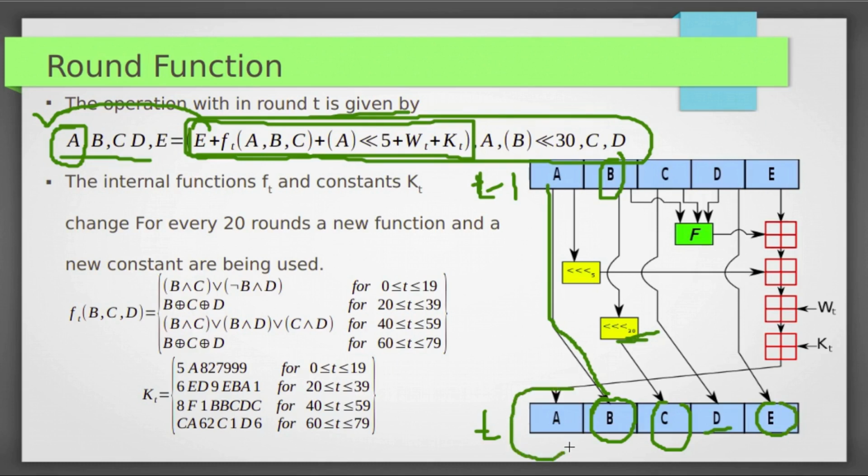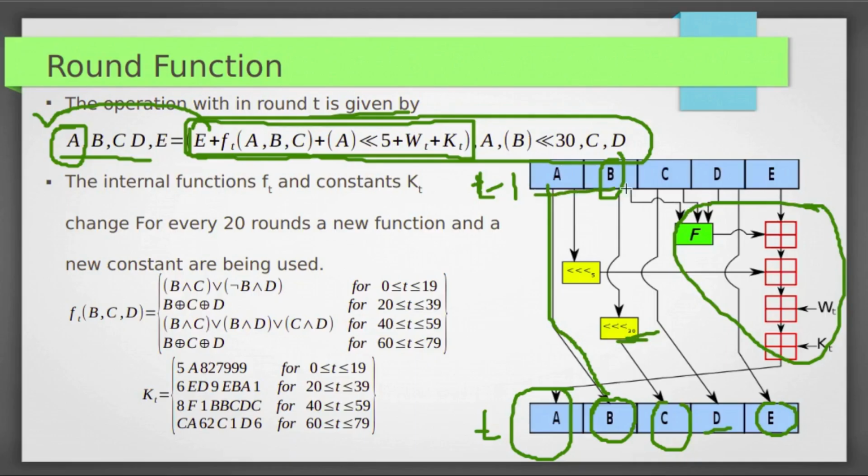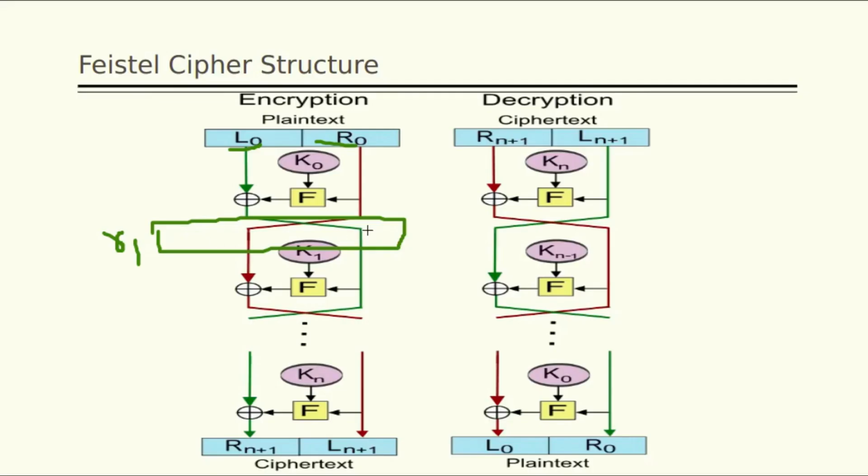Let's see the value for A. This computation is a bit similar to the Feistel network. In a Feistel network, the message is divided into two halves, but here it is divided into 5 blocks. To compute the right half of round i, we take the left half of the previous round and XOR that value with the output of the round function f.